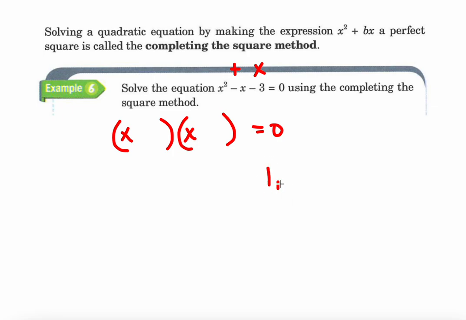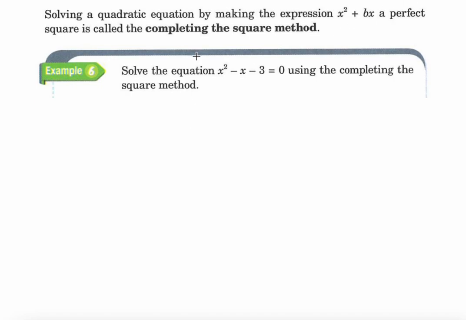Well, I have 1 and 3, but 1 and 3, if you add them, it's 4. If you subtract them, it's 2, right? So it doesn't really get you to that -1. So factoring doesn't work. Okay, that's when you know, okay, I'm going to have to take out the completing the square method because normal factorization doesn't work here.